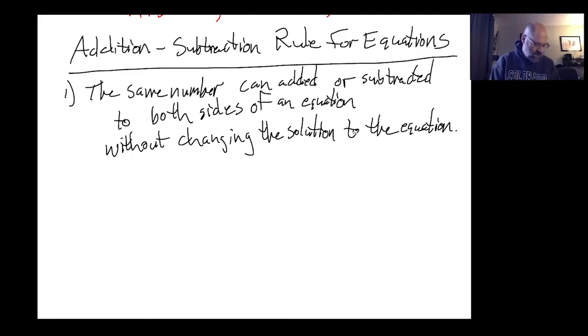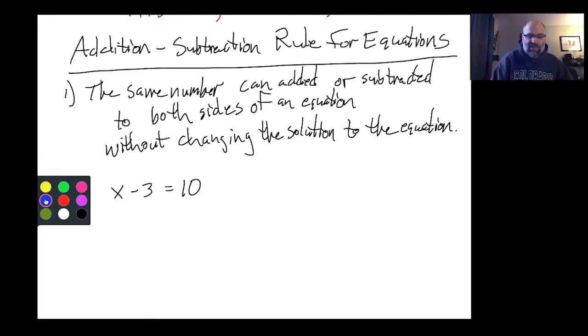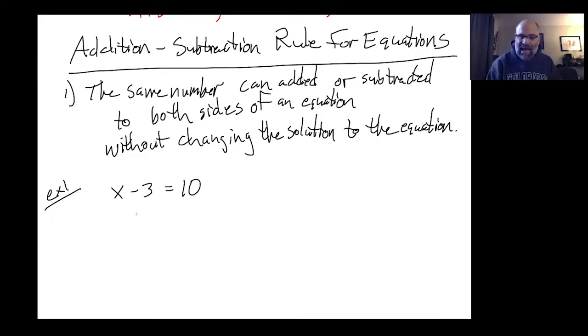Okay, so this allows us to solve equations. So here's an example. Now, I know you guys know the answer to this, but we're going to use the addition subtraction rule to solve for it. The same thing can be added to both sides. If I add 3 to both sides, think about it like a balanced scale.